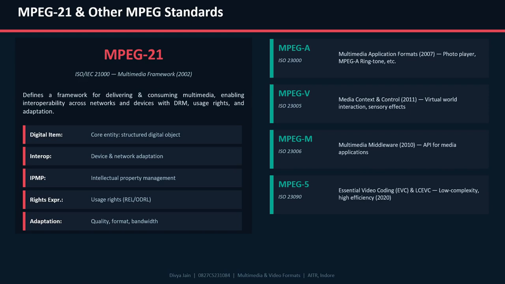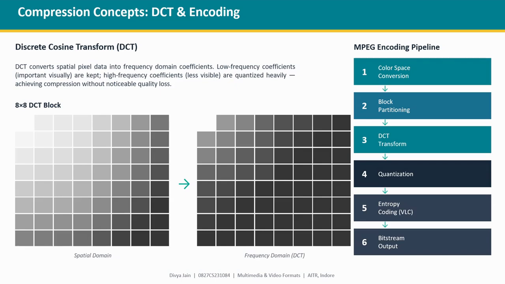Beyond this, MPEG-A in 2007 covers multimedia application formats. MPEG-V in 2011 handles virtual world interaction, and MPEG-5 in 2020 introduces essential video coding, high efficiency at lower computational cost for next generation encoding.